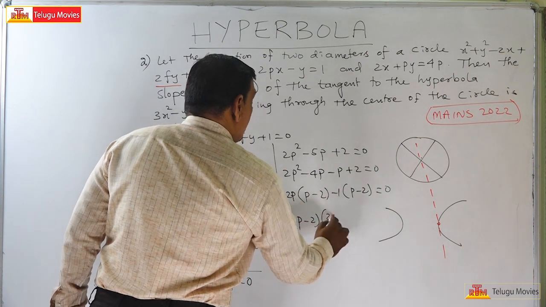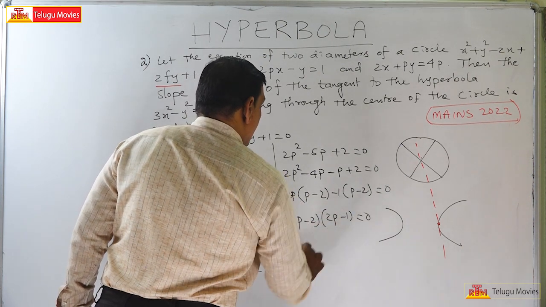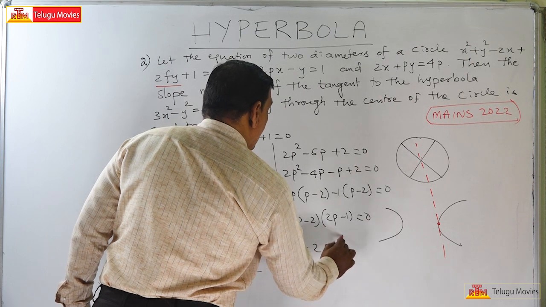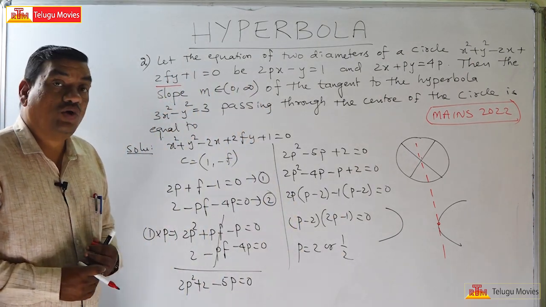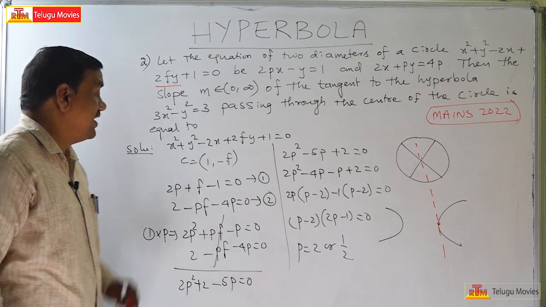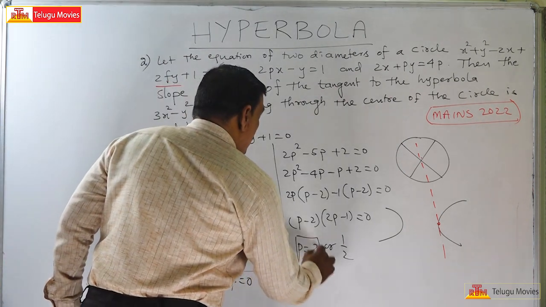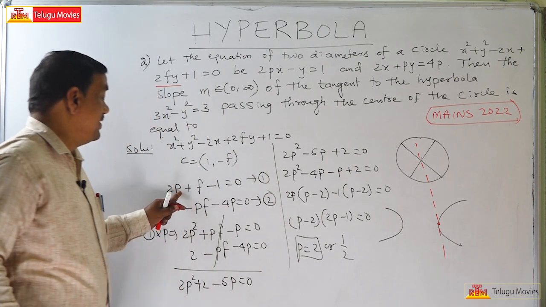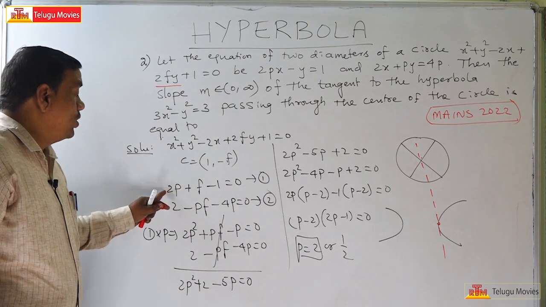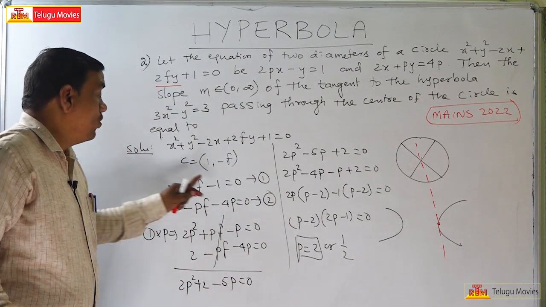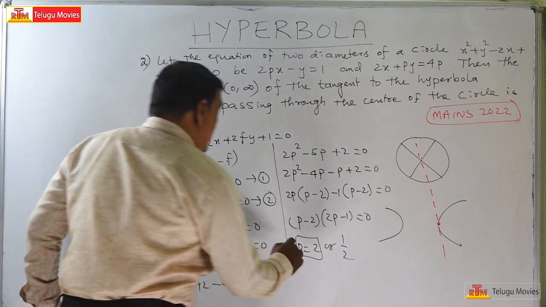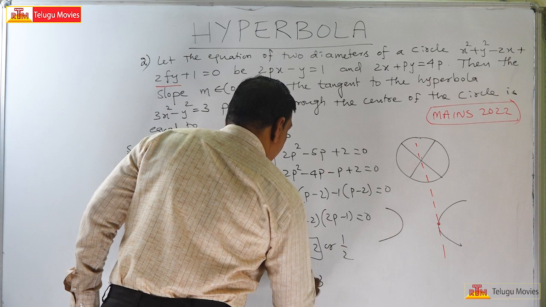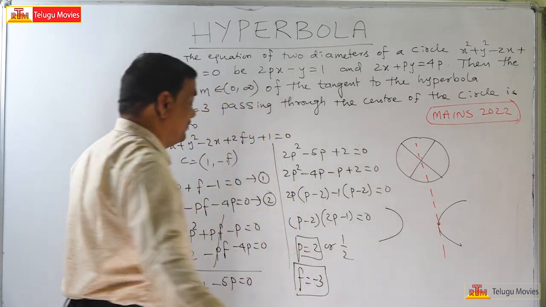Therefore, p minus 2 into 2p minus 1 is equal to 0, so p is equal to 2 or 1 by 2. Now substitute p is equal to 2: 2 2s are 4, 4 minus 1 is 3, so f is equal to minus 3.